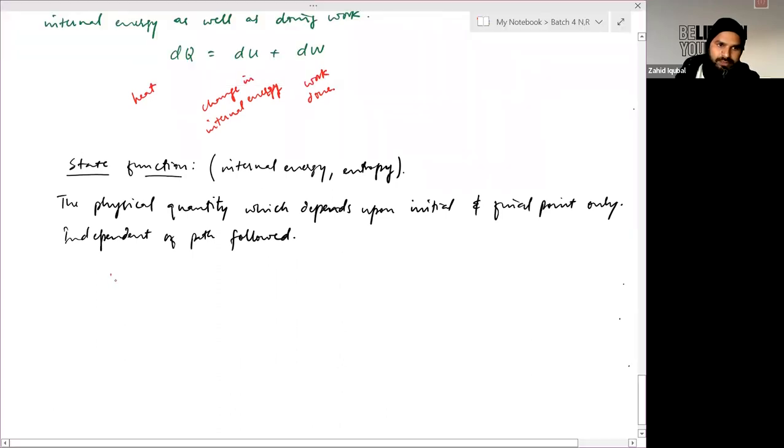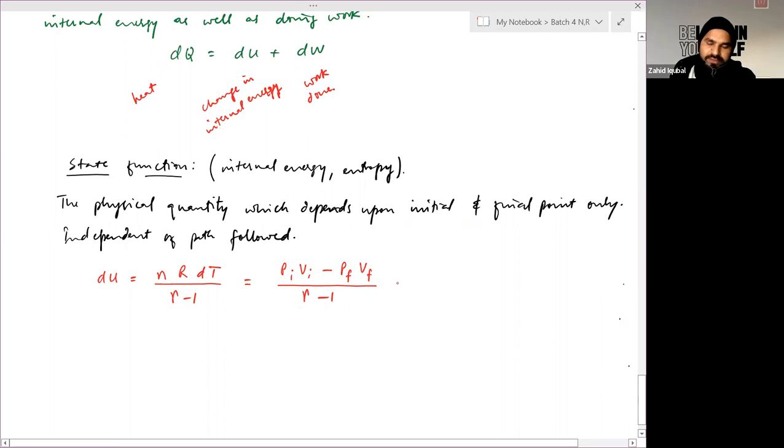To calculate internal energy, it will be equal to N, number of moles, times R, universal gas constant, times dT, change in temperature, divided by gamma minus 1. Gamma is the specific heat ratio. It will also equal P initial V initial minus P final V final divided by gamma minus 1.